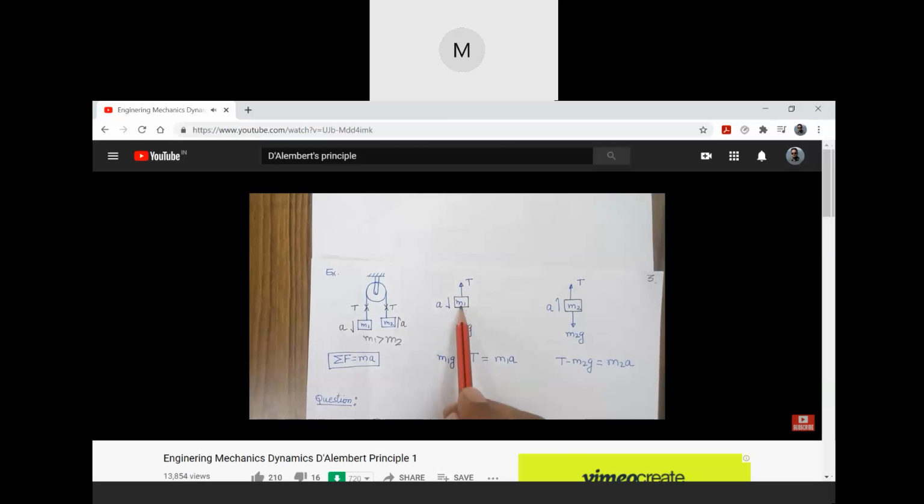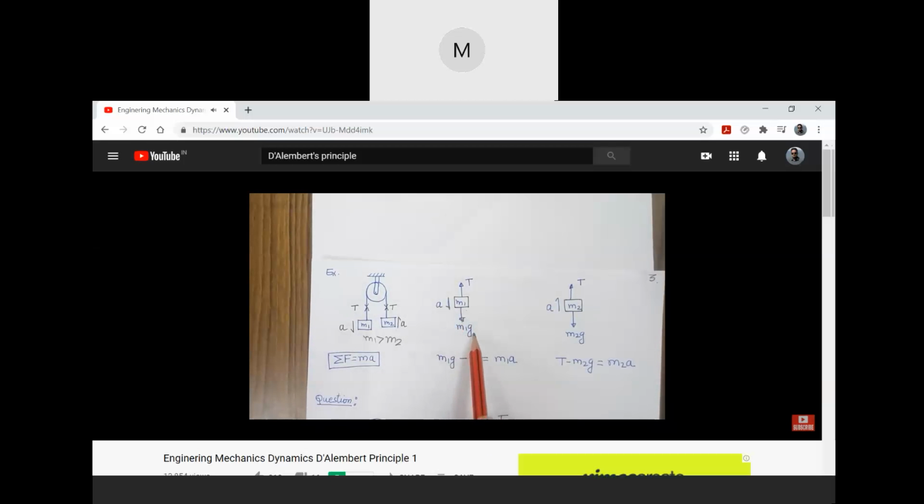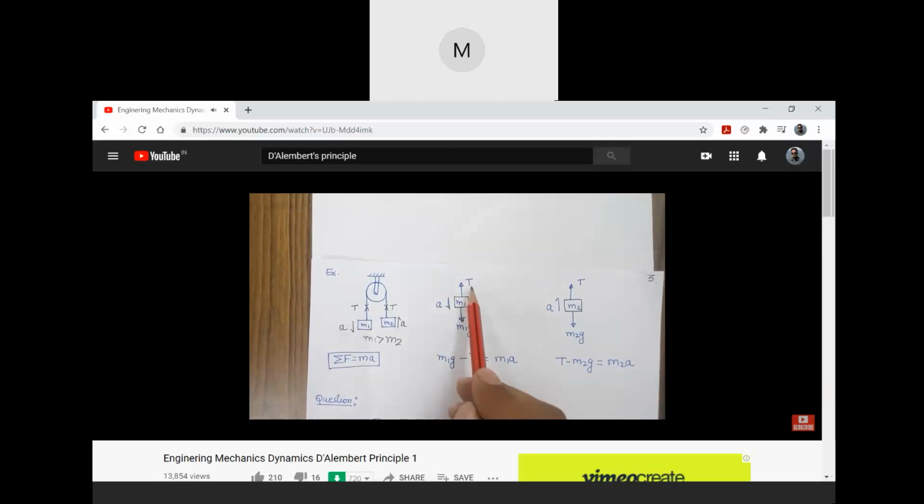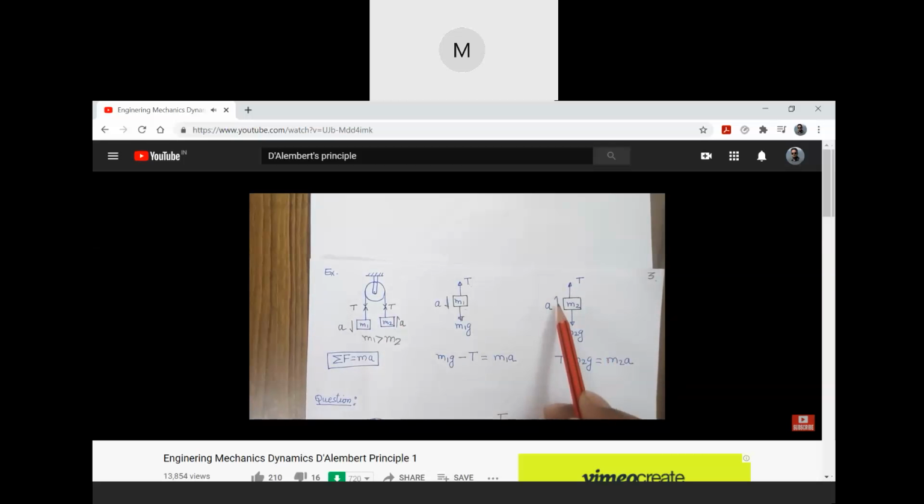For mass M1, the mass is moving in the downward direction, so there will be a gravitational force M1G acting downward and a tension force T in the upward direction. Similarly for M2, the mass is moving in the upward direction, acceleration will be upward, and there are the tension T and M2G.